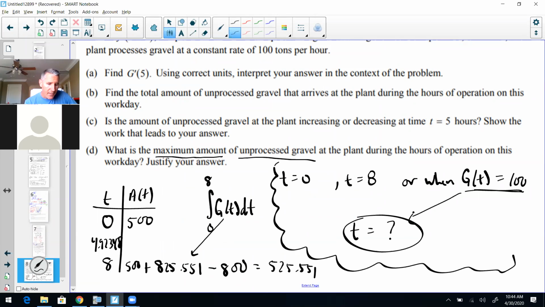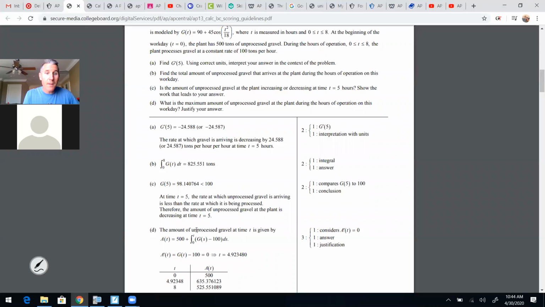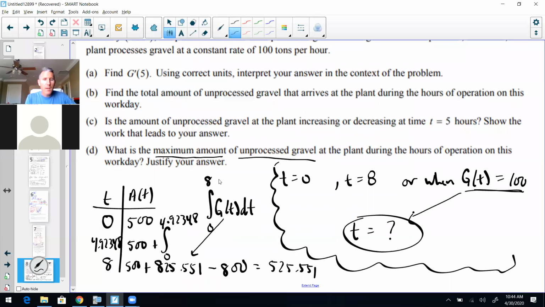And then this amount is going to be the initial amount that was there plus the integral from 0 to 4.92348 of G of t minus 100 dt. G of t, again, is the rate at which gravel is being brought in, and 100 is the rate at which gravel is being processed and taken out.